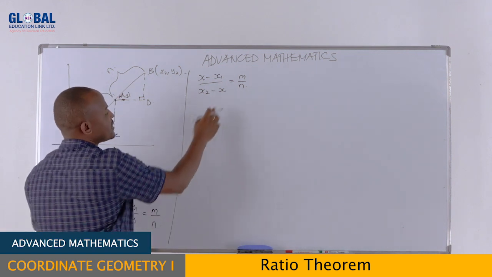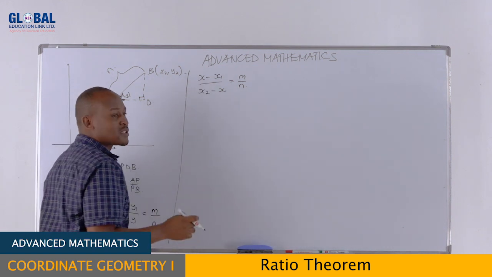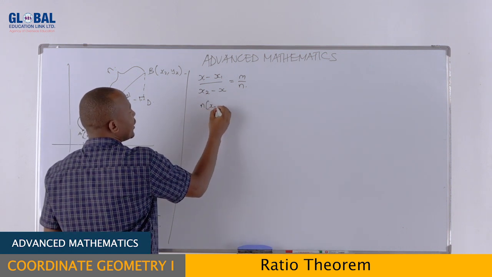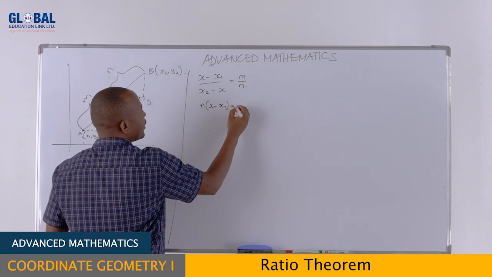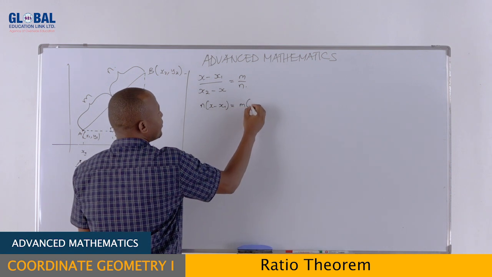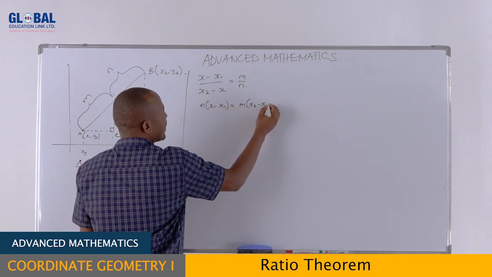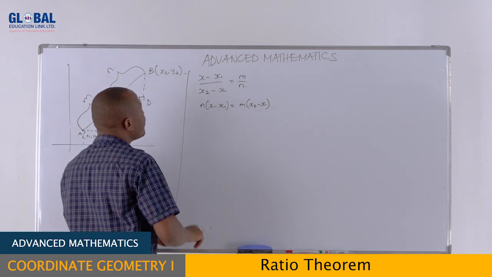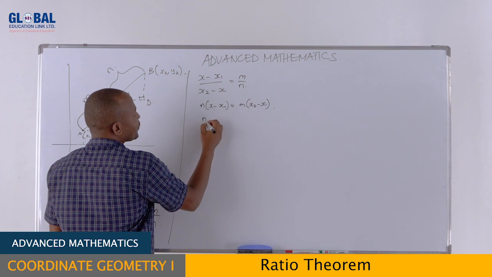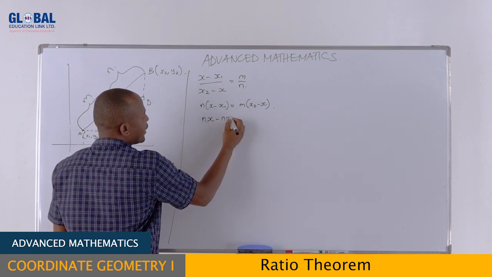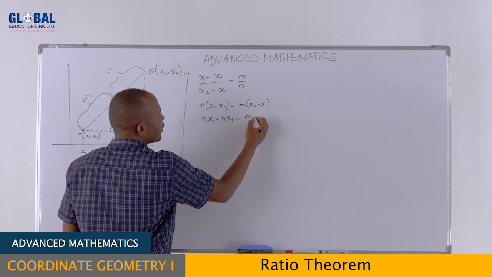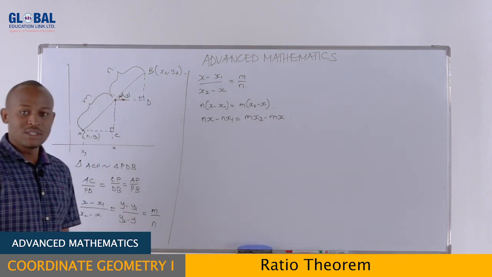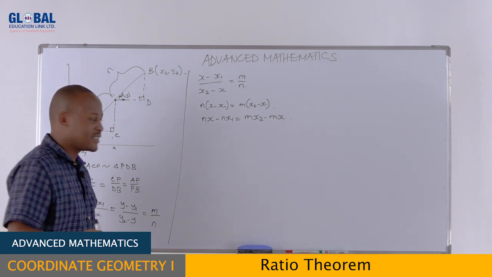Our aim is to get the value of x, which is common. Now let's check it. It will be n(x minus x1) equals m(x2 minus x). So let's open the brackets. We have nx minus nx1 equals mx2 minus mx. Let's collect like terms.